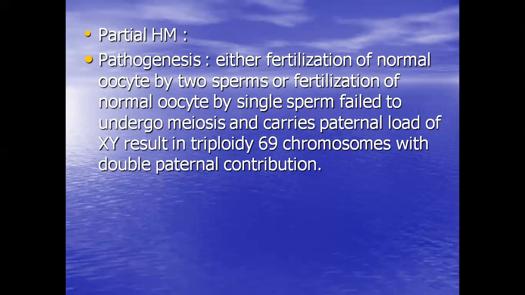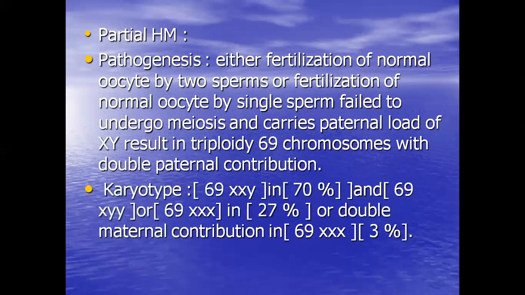Here there is genetic material from the mother and the father. That's why there is a fetus in this type of mole. The karyotype is 69XXY in 70%, 69XYY or 69XXX in 27%, or double maternal contribution in 69XXX, which is 3%.